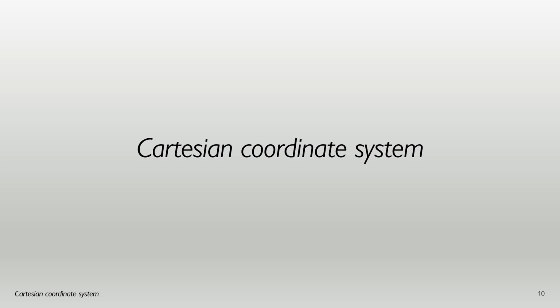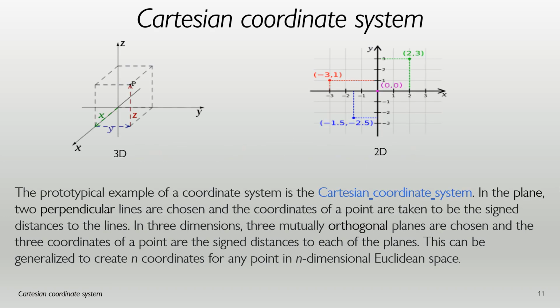In the previous slide we discussed the number line, and from now we will discuss the Cartesian coordinate system. The Cartesian coordinate system is the prototypical example of a coordinate system. A two-dimensional surface which has a length and width is called a plane.